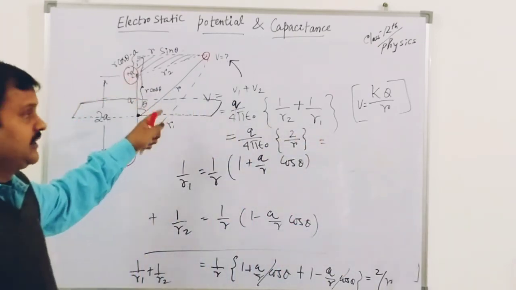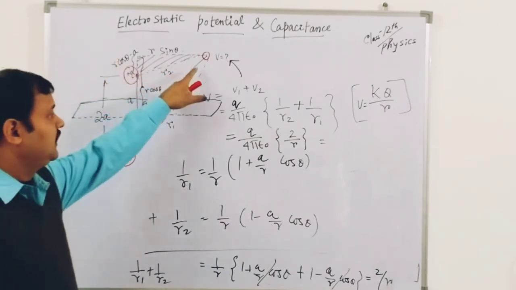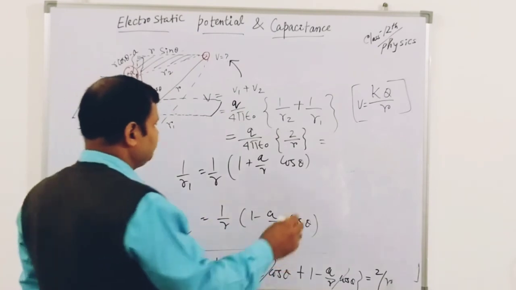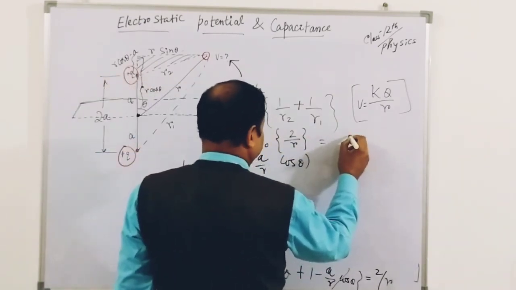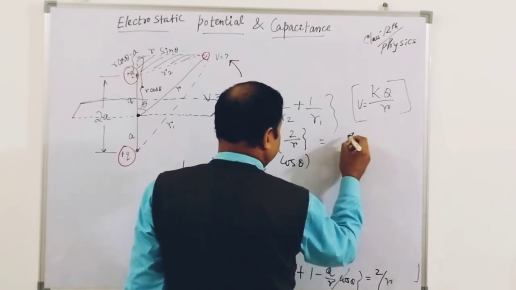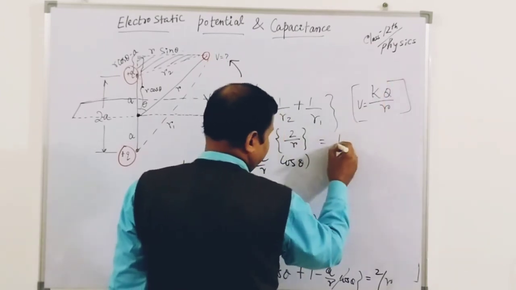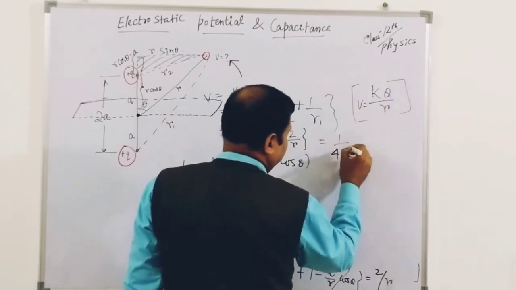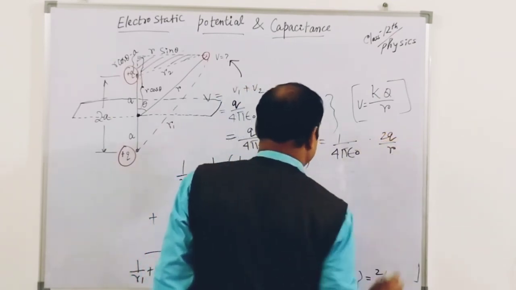In case of equal amounts of charge kept at a certain distance, at any point, this will come to q over, or you can say, 2q over r. This constant you can take as 4 pi epsilon naught itself. Then you can write 2q by r.